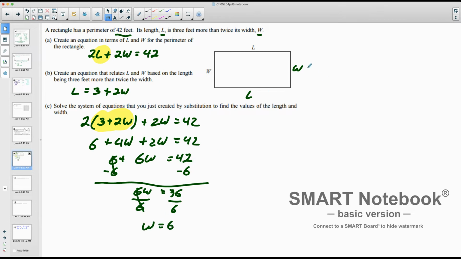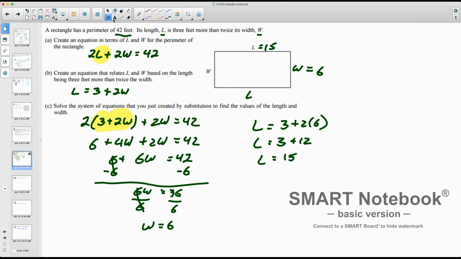So the width is equal to 6. We use this equation, and we substitute in 6 for the width. Right, 3 plus 12, the length is 15. So since it's a verbal problem, we want a verbal answer.